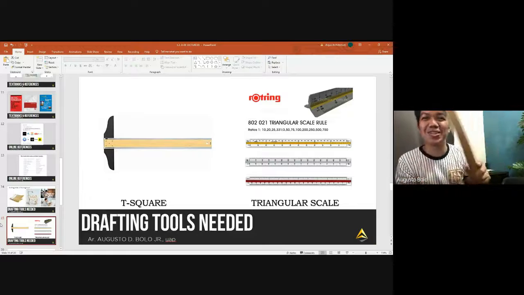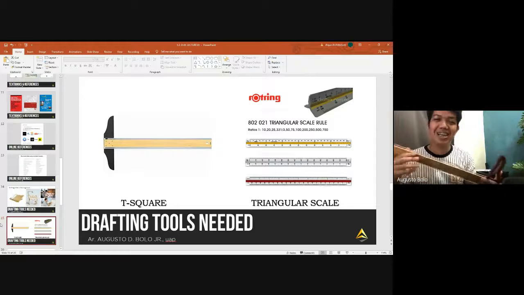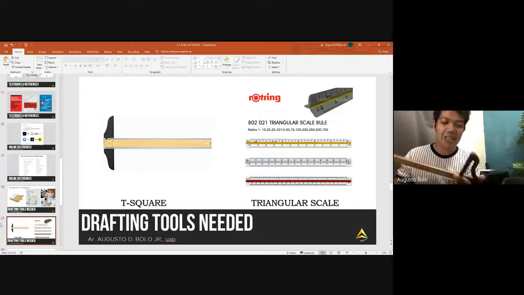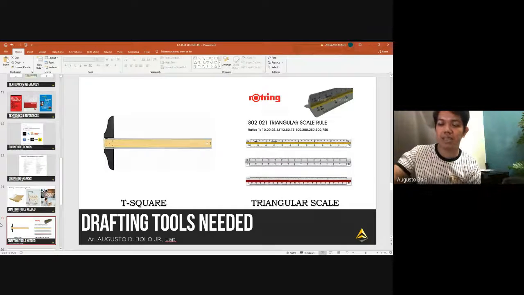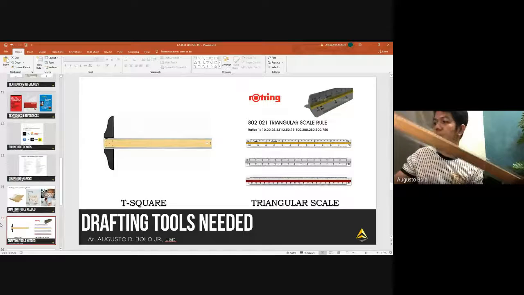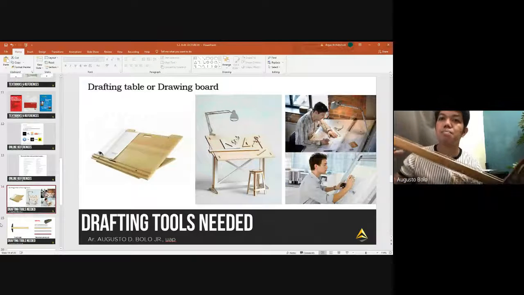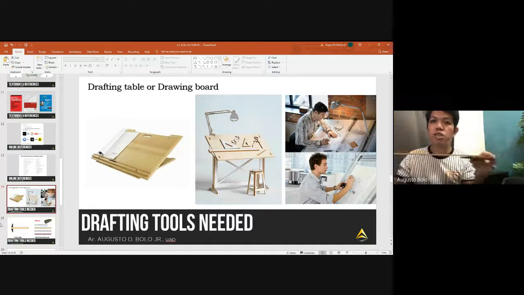If you can take a look at the table sa middle, insert siya para maging eskwalado.